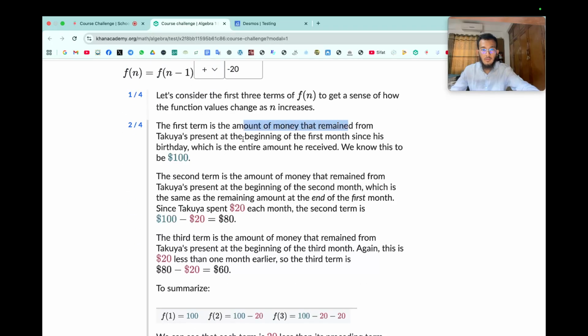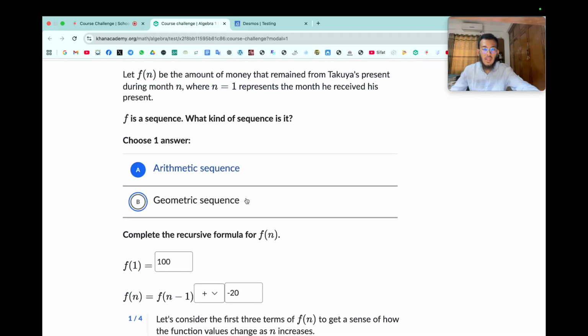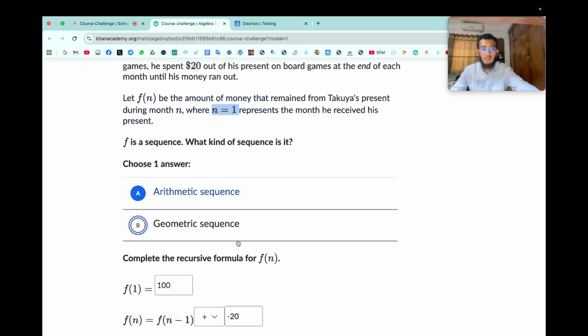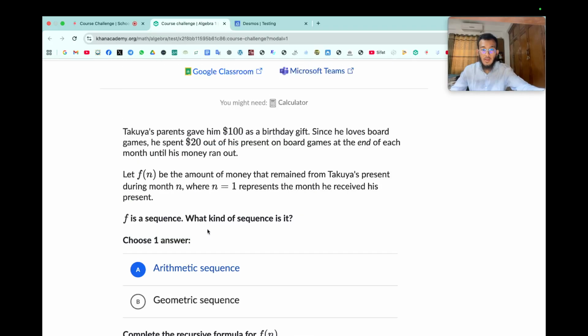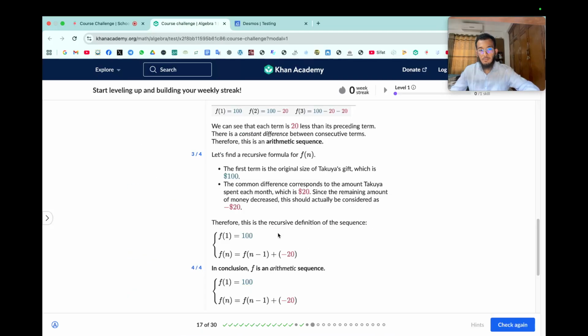The first term is the amount of money that remained at the beginning of the first month since his birthday. We know that this is 100. So the formula is giving the beginning of the month. If you calculate the end of the month, then the first term would be 80. But because you're calculating the amount of money available at the beginning of the month, that's why it's 100, and everything else is the same.